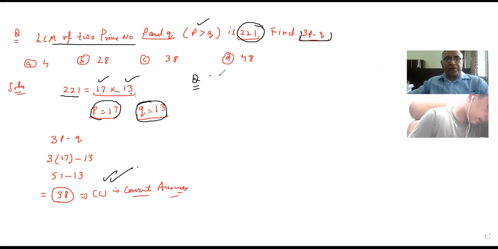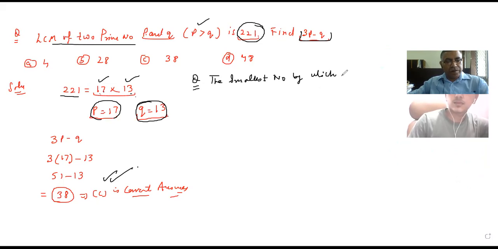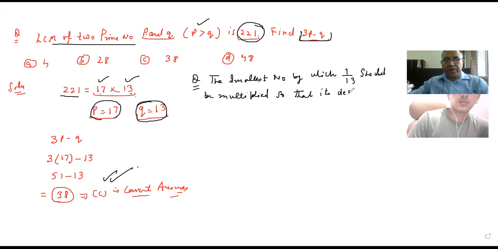The smallest number by which 1 by 13 should be multiplied so that its decimal expansion terminates after two decimal places.